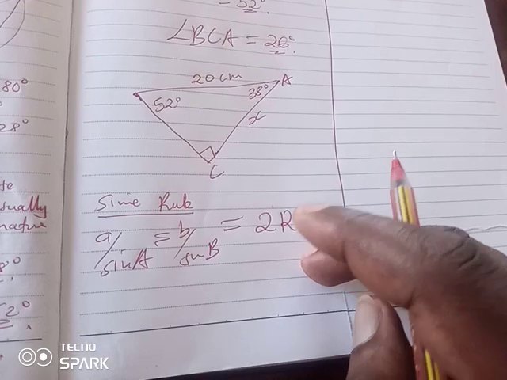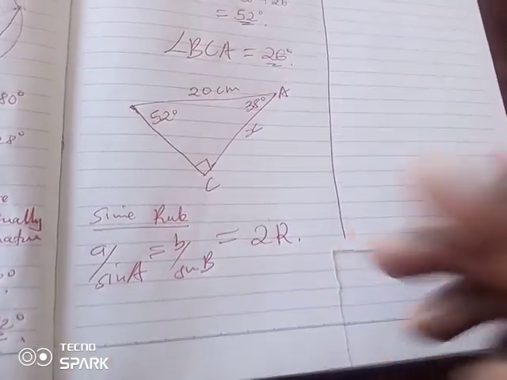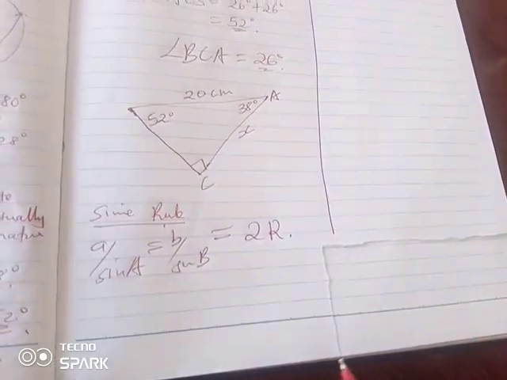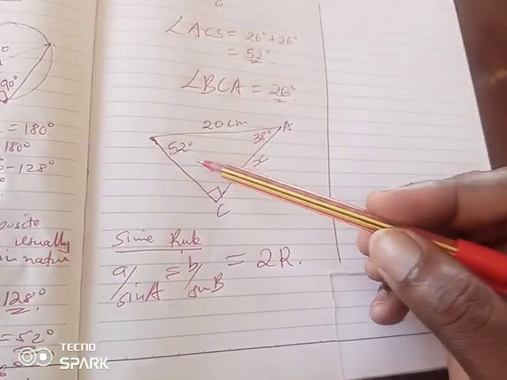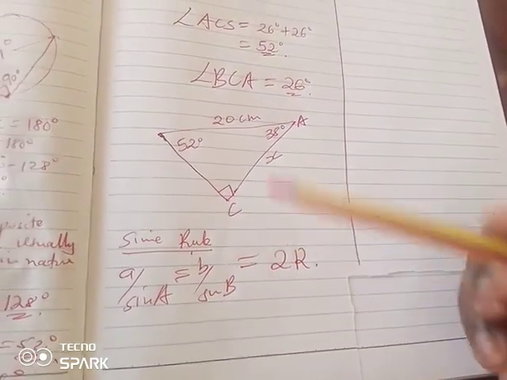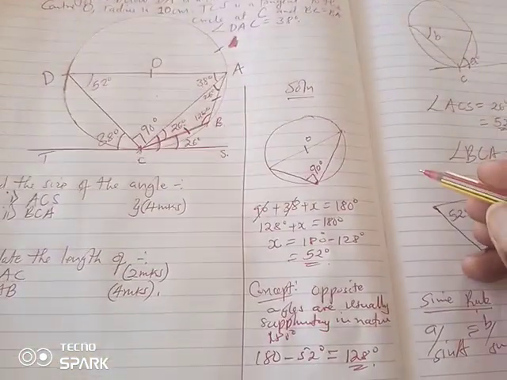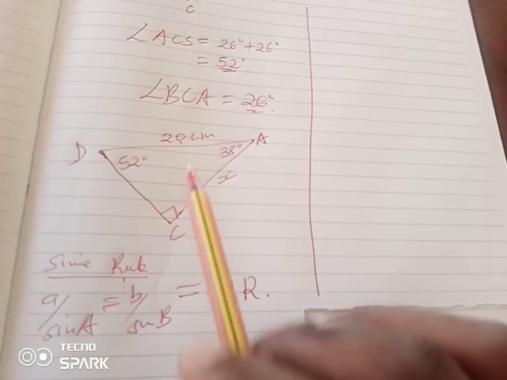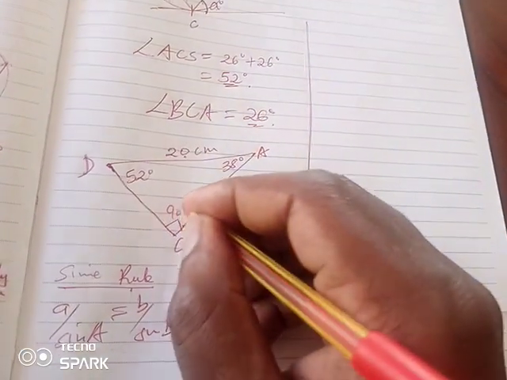So this is true. I can extract any part of the ratios. Now I'm just substituting without looking at really what the letters are. I'll now take my 20, and the angle here is 90.